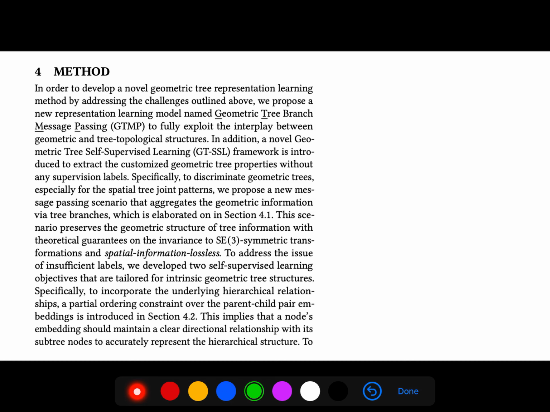This model preserves the geometric structure of tree information with theoretical guarantees on the invariance to spatial SE(3) symmetric transformation and spatial information losslessness. To incorporate the underlying hierarchical relationship, a partial ordering constraint over parent-child pair embeddings is introduced.